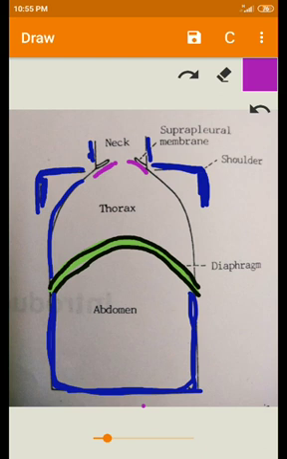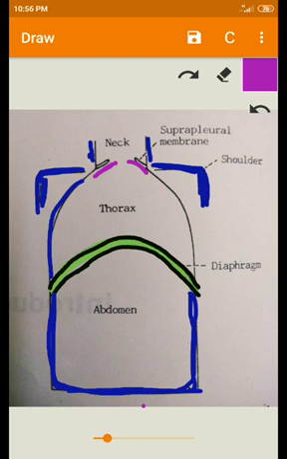The thoracic cavity is actually much smaller than what it appears to be. The thorax is actually smaller, because of the shoulders, and the lower part is greatly occupied by the abdominal cavity due to the upward convexity of the diaphragm.